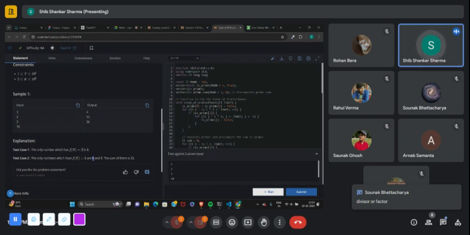Because 6 can be written as 3 into 2, so 3 is a divisor, 2 is a divisor, and the greatest among them is 3. In case of 9, the divisors of 9 are 1, 3 and 9. If we remove 9, the greatest divisor is 3 itself. So for 6 and 9 we have f of n as 3, right? We just take the sum of 6 and 9, which will give us 15. I hope the question is clear to you now.